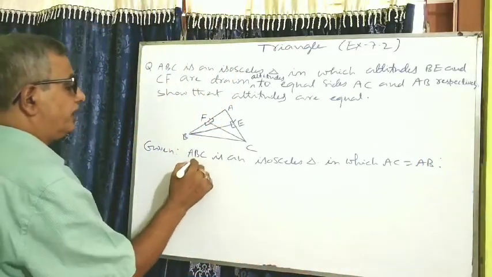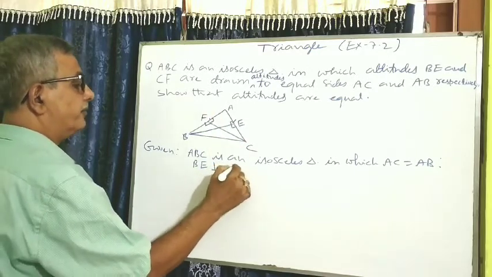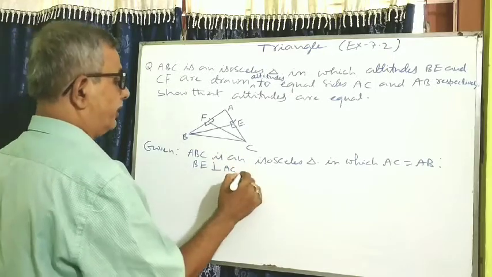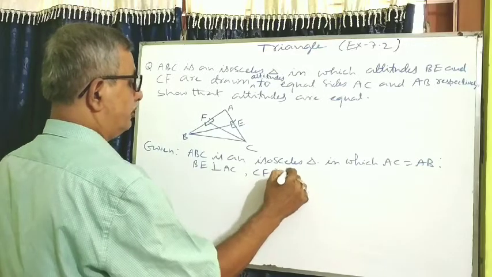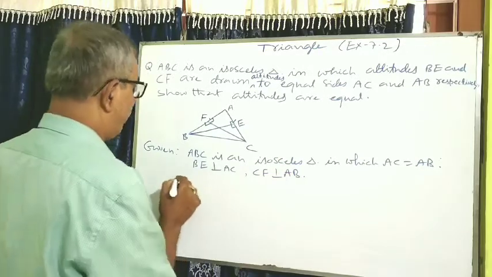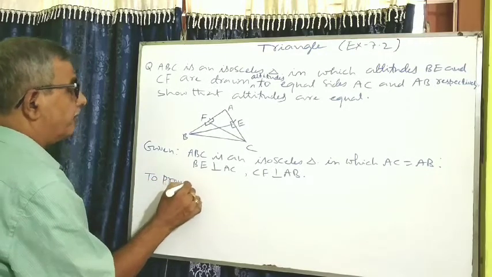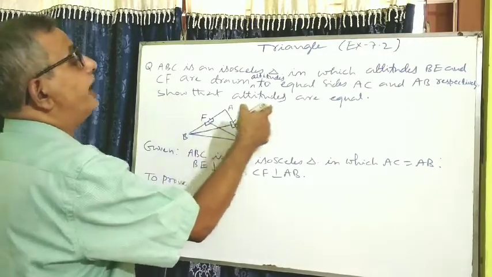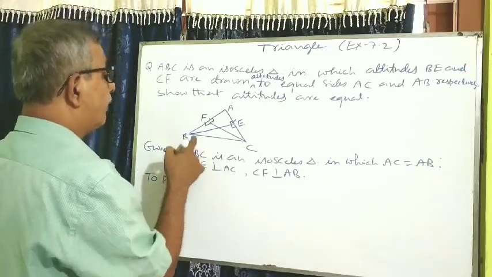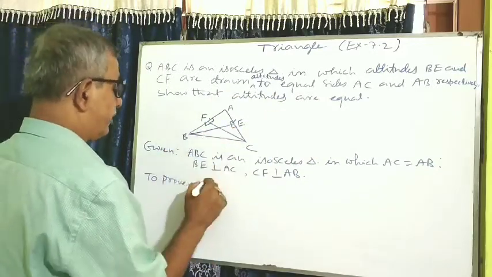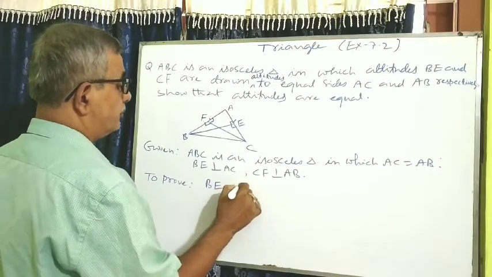So BE is perpendicular to AC, and CF is perpendicular to AB. What is to be done? To prove: so that the altitudes are equal. That means to prove the altitudes are equal. What are the altitudes? BE and CF. So I am writing BE equal to CF.